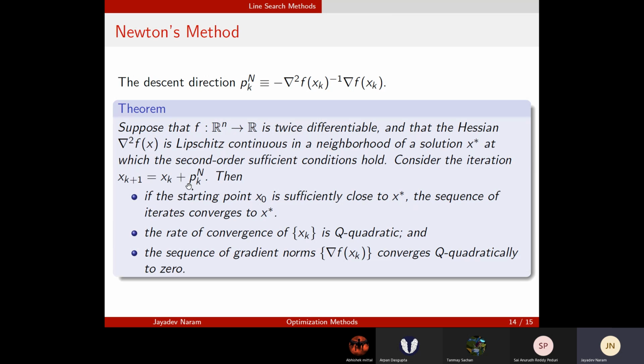We do not restrict it to fractions of the step, we just take the whole step itself. Given this as our Newton iteration update, the result is: if the starting point x naught is sufficiently close to x star, the sequence of iterates converges to x star.